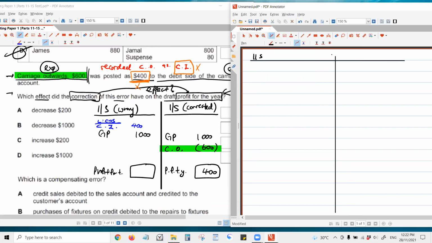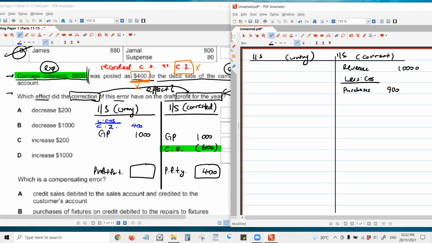This is the income statement, the wrong one. This is the correct one. Let's say you have revenue 10,000, then less cost of sales. Purchases is here, maybe 900.